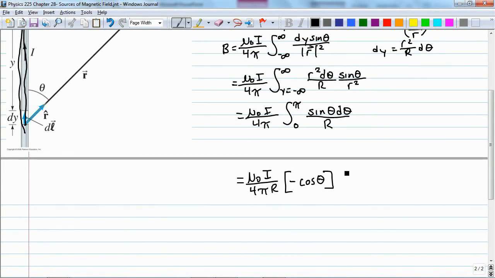It's just negative cosine theta from 0 to pi. And I can now put in my limits.